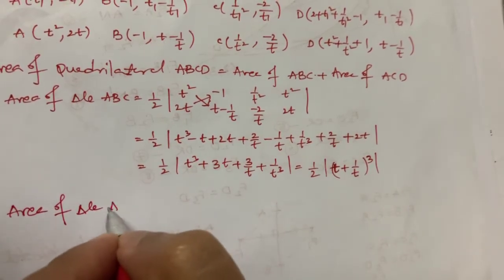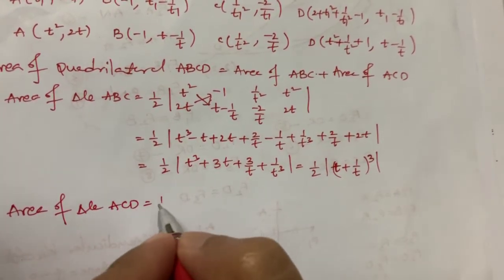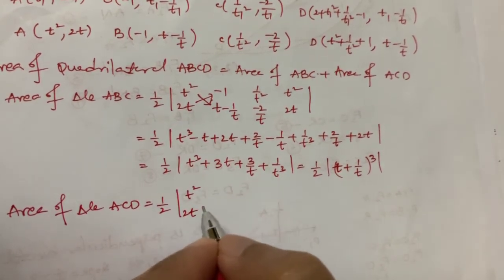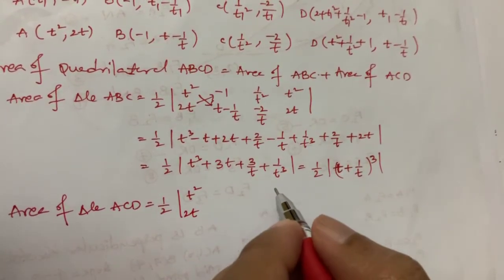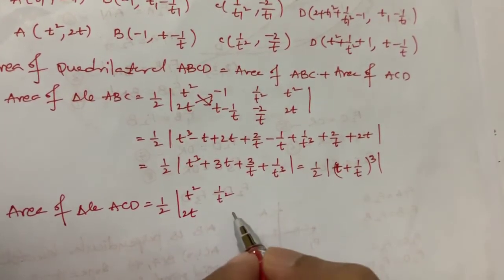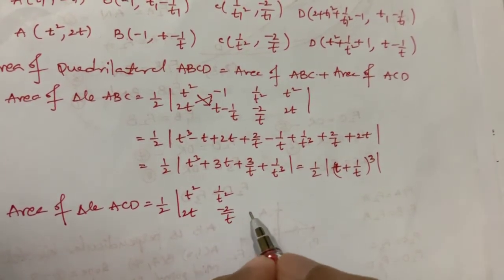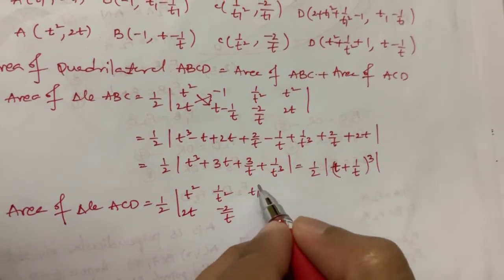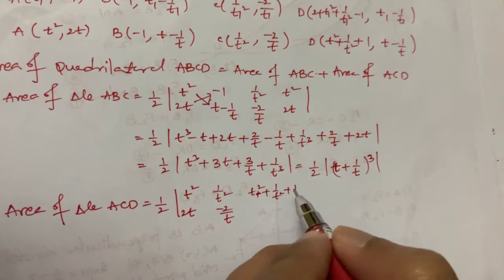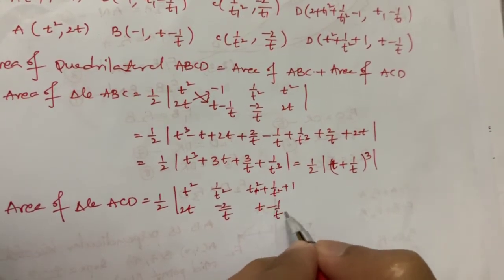So area of triangle ACD is equal to half the same determinant with rows t square, 2t; 1 by t square, minus 2 by t; t square plus 1 by t square plus 1, t minus 1 by t.